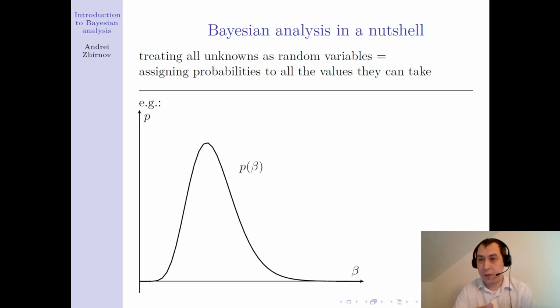or formulated them in the memory of our computers, we can do all sorts of operations directly with these beliefs. We can use the information that we have in the dataset to update these beliefs and to come up with more reasonable beliefs about our unknowns.